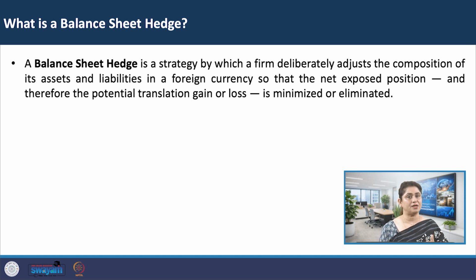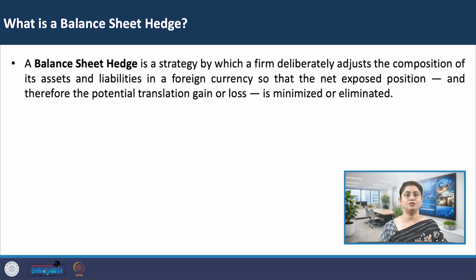The second key phrase is composition of assets and liabilities. The hedge does not involve entering into a separate financial contract the way a forward contract or an option would. It involves changing what the firm holds and what it owes in the foreign currency.